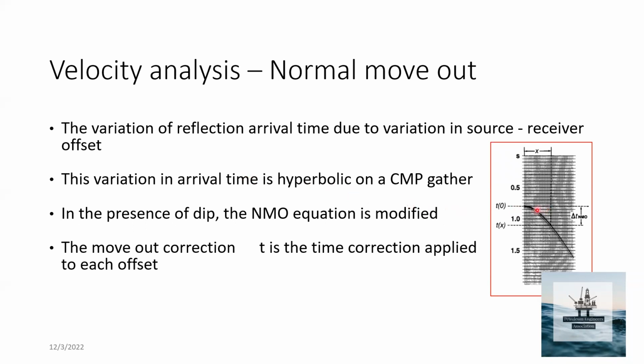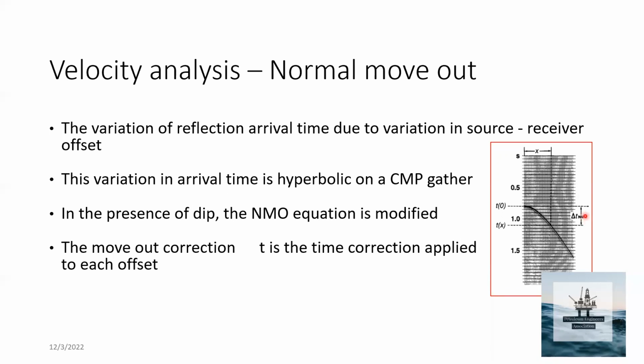However, the reflector is horizontal, but the reflection takes the hyperbolic shape due to this increase in the offset, which takes more time. So simply, the normal move out or velocity analysis is compensating this time, the delta t.